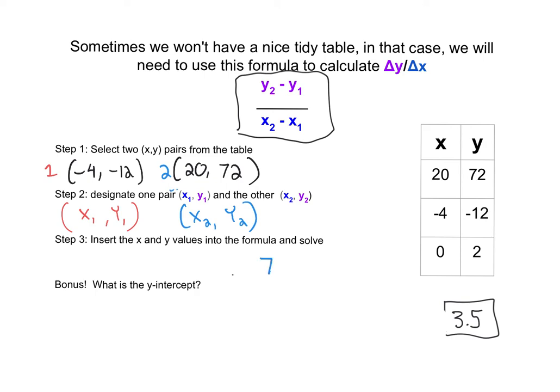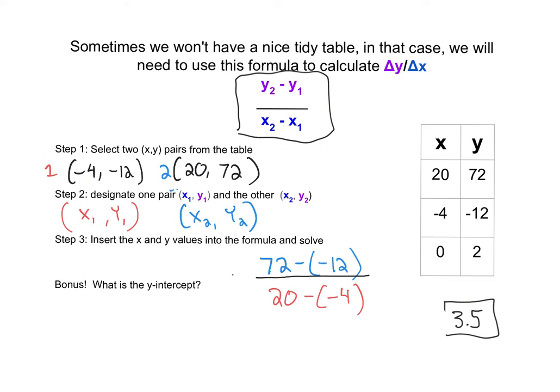So this is 72 minus -12. Don't forget, if you're subtracting a negative, to keep track of both of those negatives so you don't wind up with some wonky values. All of that divided by my x sub 2 minus my x sub 1. So my x sub 2 in this case is 20, all minus -4.